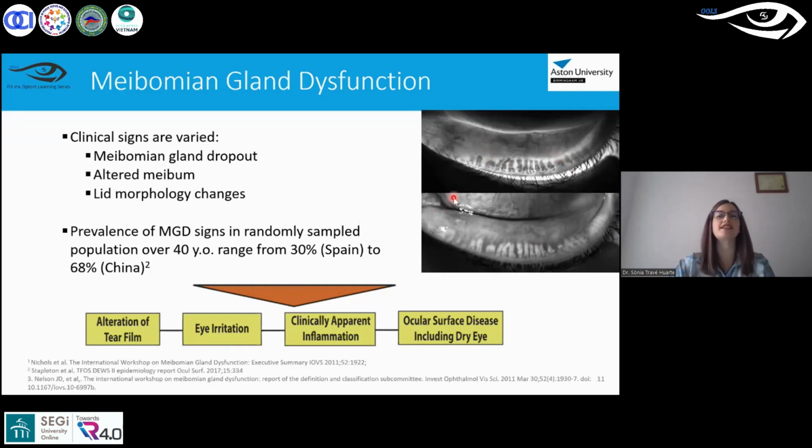What we need to know is that meibomian gland dysfunction is more prevalent in Asian populations, and as we age, meibomian gland dysfunction also increases. And what the patients could tell, or what we could see, is an alteration in the tear film, some irritation, and some inflammation in certain cases.